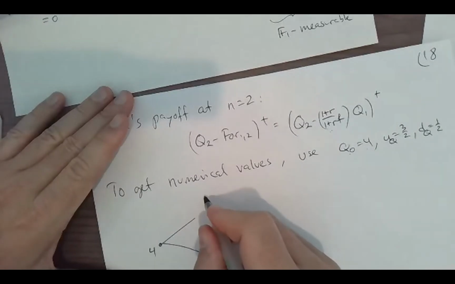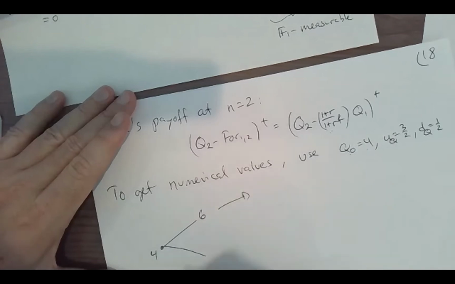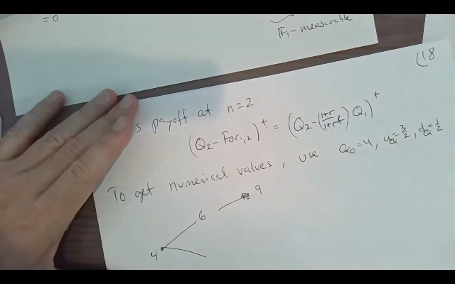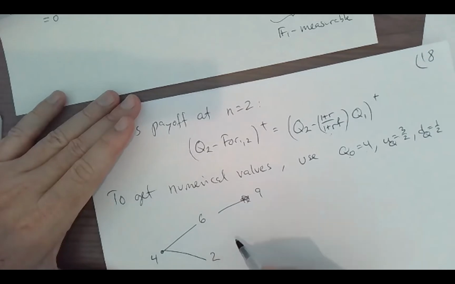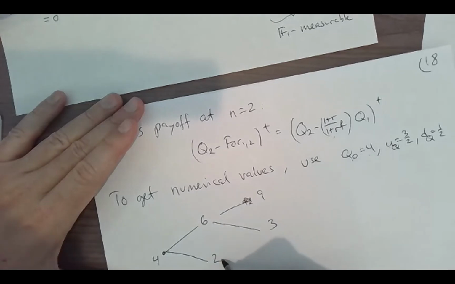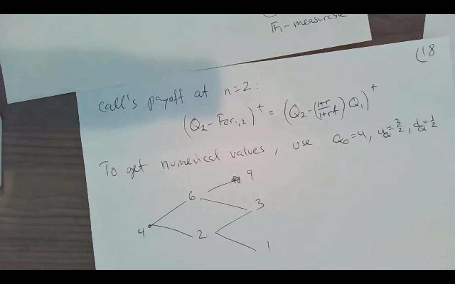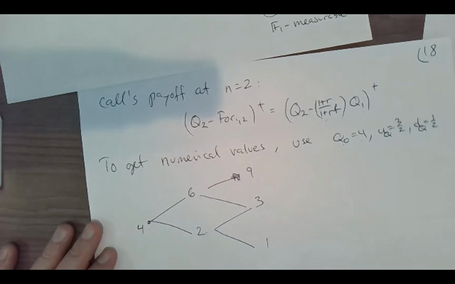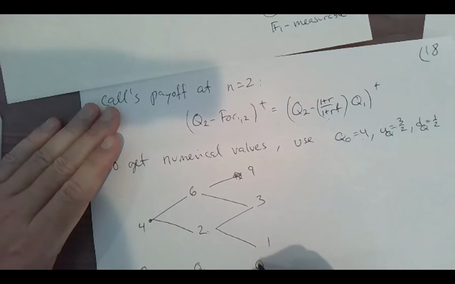So this would be 12 divided by 2, this is 6. And then it goes up to 6 times 3 over 2, so let's go up to 9. Go down to a half. And then it would go up to 3, and then go down to 1. So this is my Q's. So this is Q0, Q1, Q2.